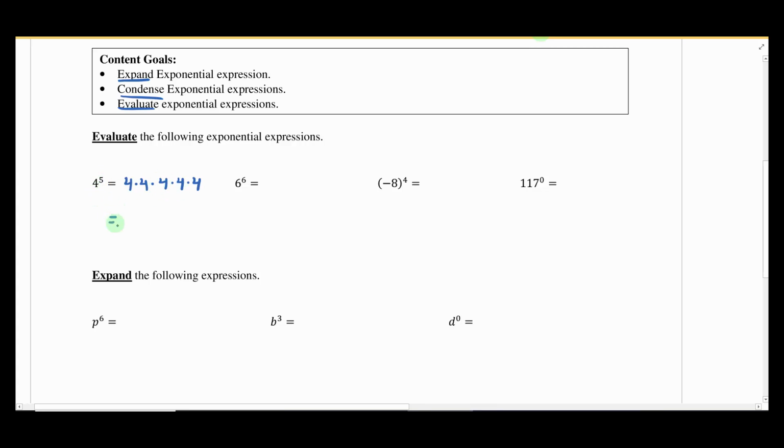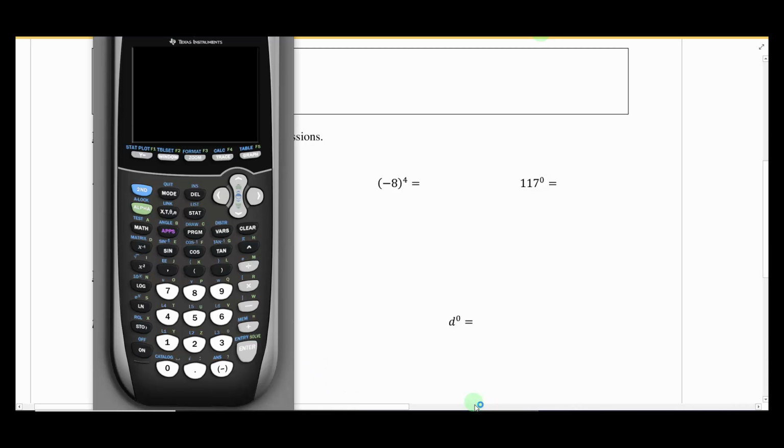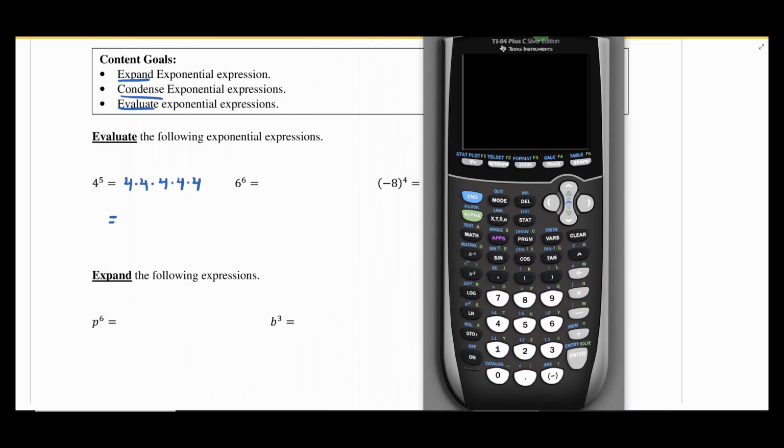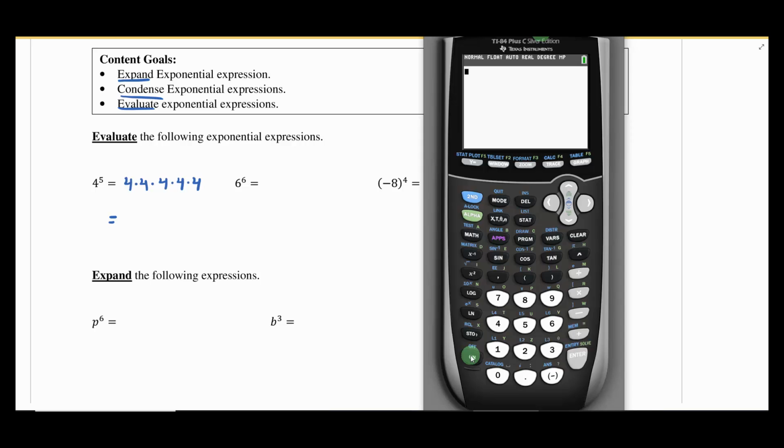And if I wanted to evaluate this, I'd go to my calculator. All right, so I got my calculator here. I could do it one of two ways. I could do 4 times 4 times 4 times 4 times 4, or I can just use the exponent feature of the calculator like this. And it's a lot easier and a lot quicker.